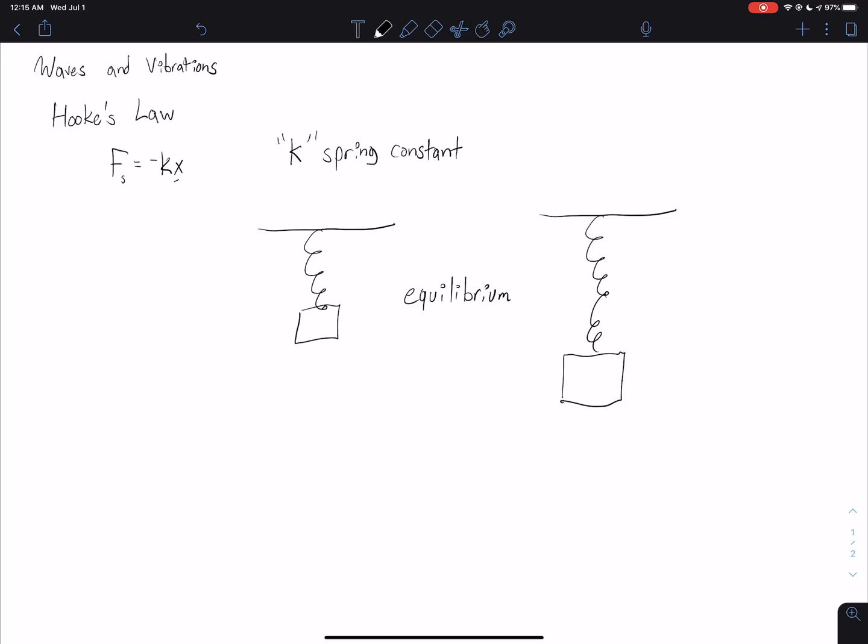Now this distance that it was stretched compared to the first case right here, this distance is our X value, that our spring was stretched from equilibrium. Okay, so I know usually when you did kinematics, X meant more like the distance that a car traveled or something like that, but when we're dealing with springs, it refers to the distance that a spring is stretched from equilibrium.